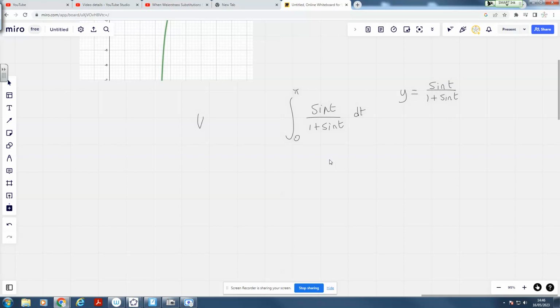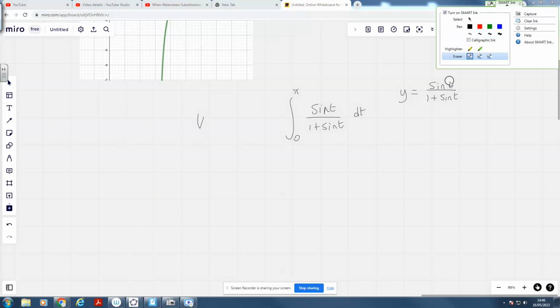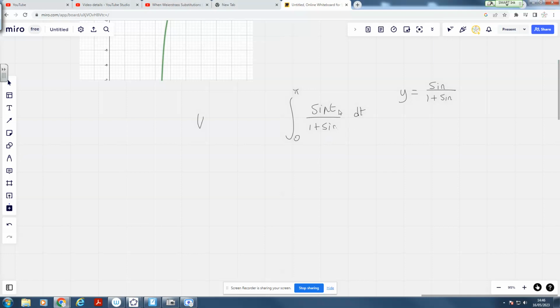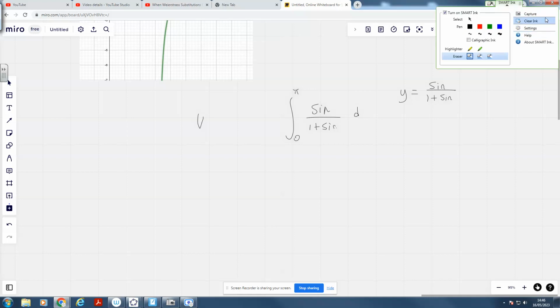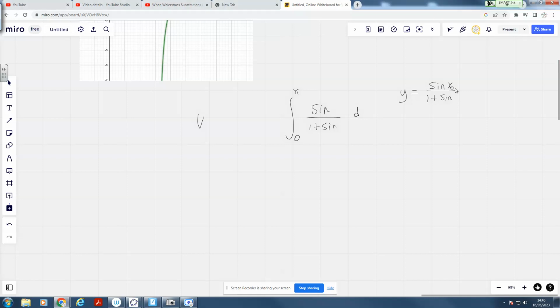Now, okay, so essentially what we've got is y equals sine t over 1 plus sine t here, yeah? But then, I think it was x we were using. Can I change that to x? Okay, let's change it to x. That's better. Okay, now that's the Cartesian form. If we were to make a parametric equation of it, well, it would be pretty easy to do because I think we were choosing that x equals sine t in our substitution, yeah?